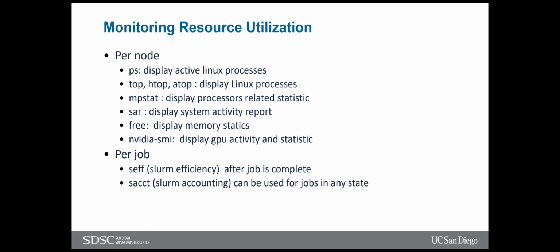So we can monitor the resource utilization per node with a couple of commands. We can use the ps command. There's a series of top commands that we can use. There's mpstat to provide us some processor statistics. We can use the sar command, which gives us a system activity report. We can also use free to learn more about what memory is available to us at any given time.